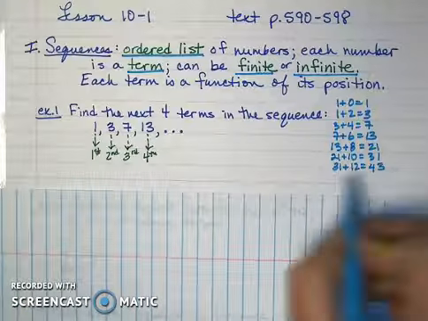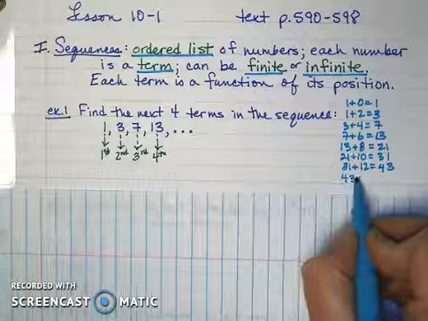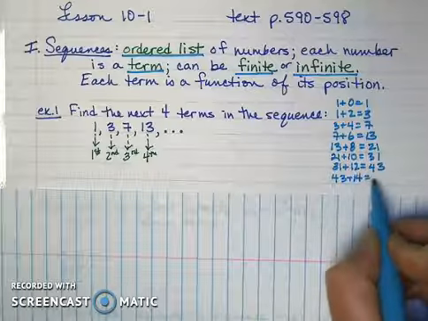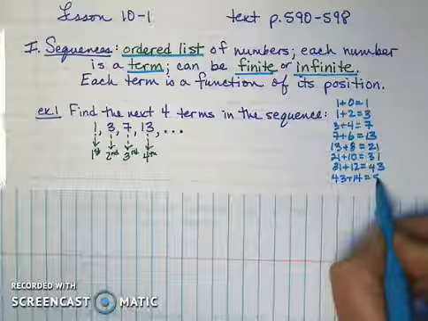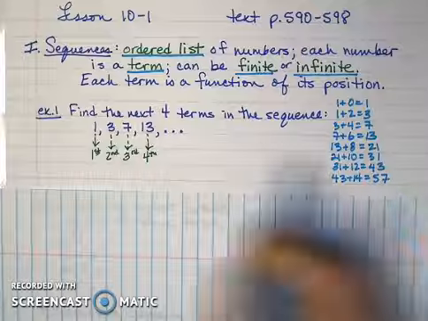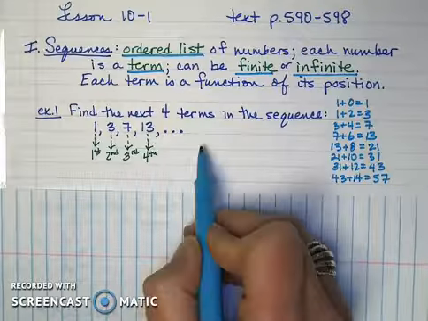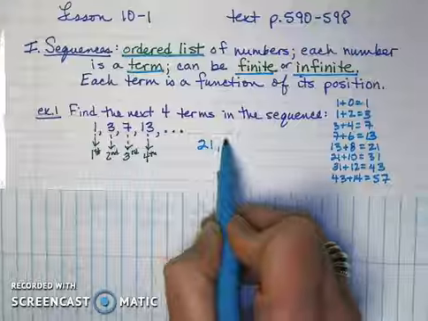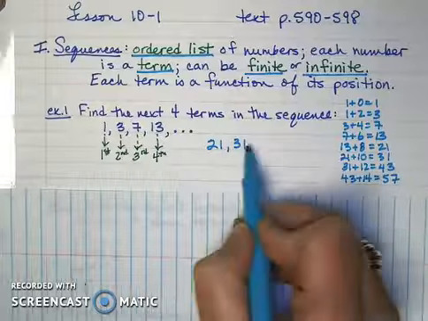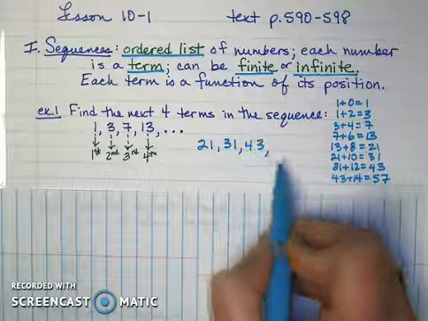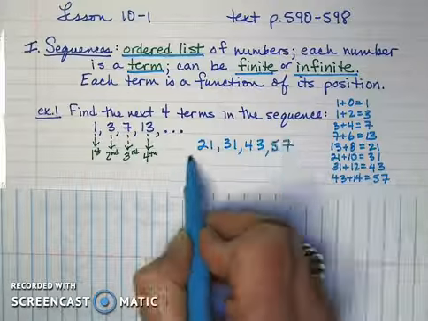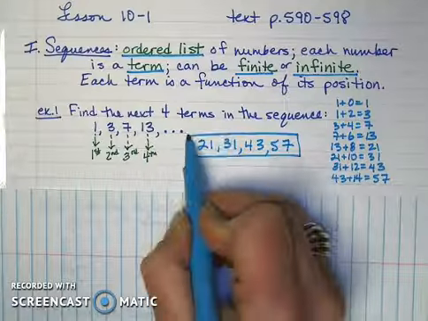And then 43 plus 14, which is 57. So when you're asked to just find the next so many numbers, it'll tell you how many numbers. You just need to list them: 21, 31, 43, 57. Those are the next 4 terms in the sequence.